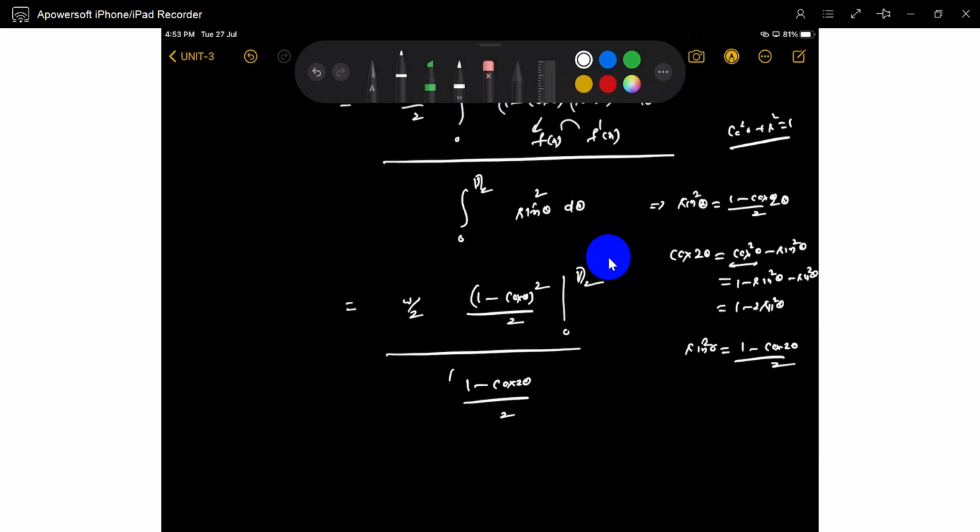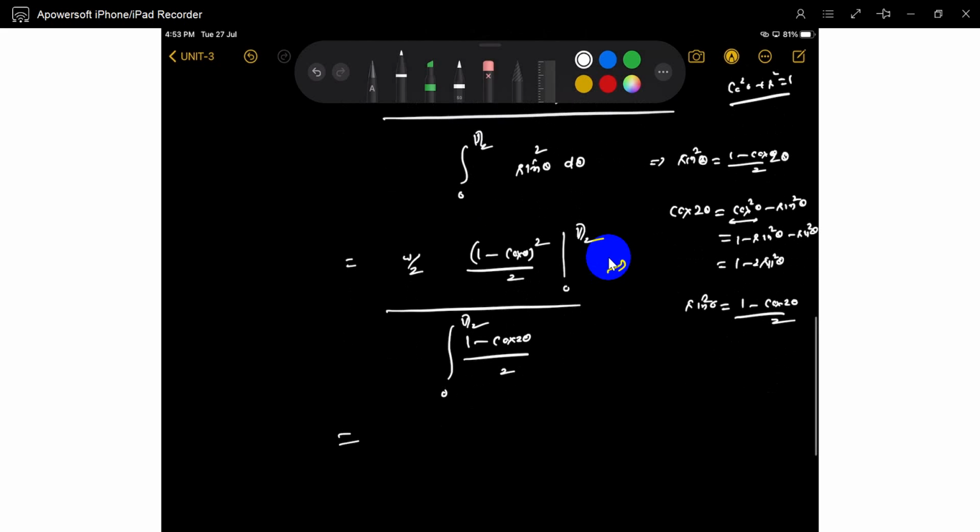Now you can do the integration from 0 to pi by 2. So 1 by 2 times theta minus sin 2 theta divided by 2, from 0 to pi by 2. If you put 0 it is 0, if you put pi by 2, sin pi is 0.